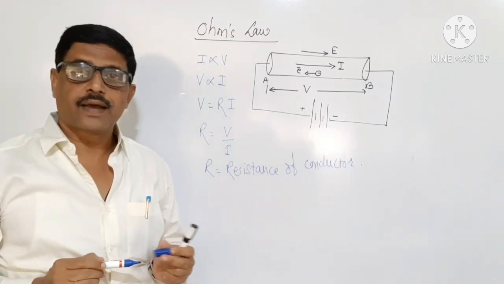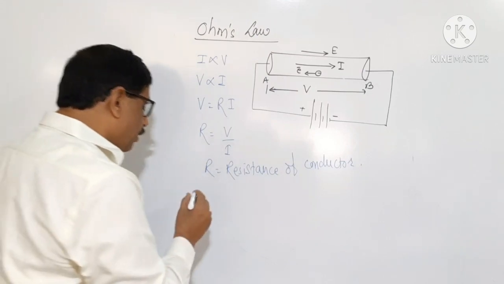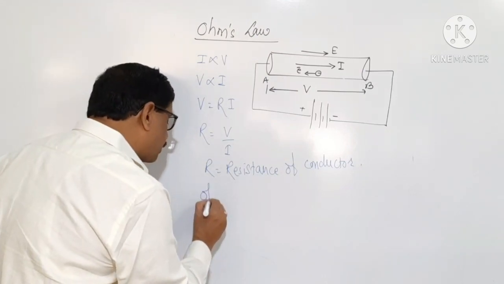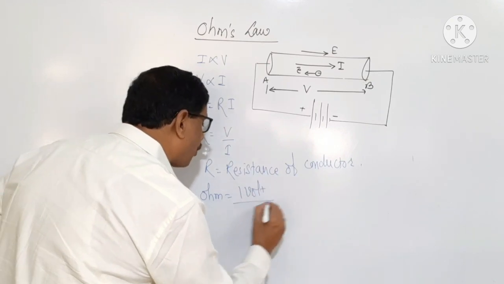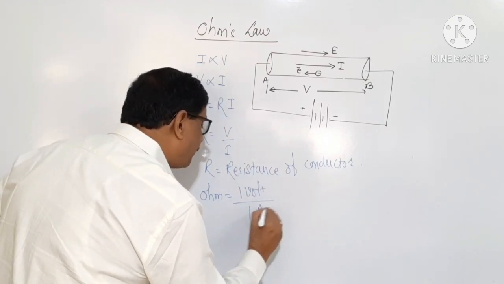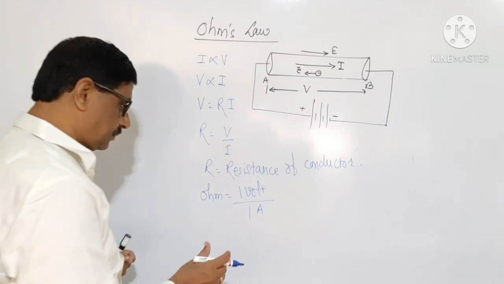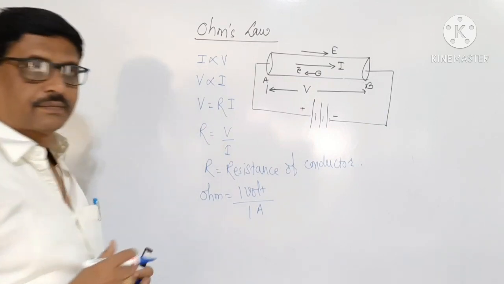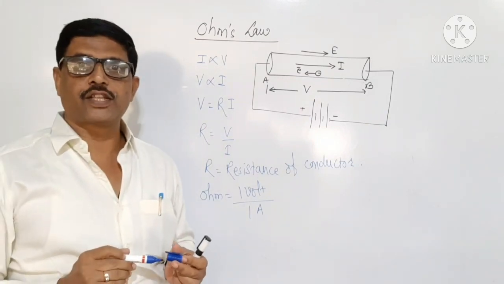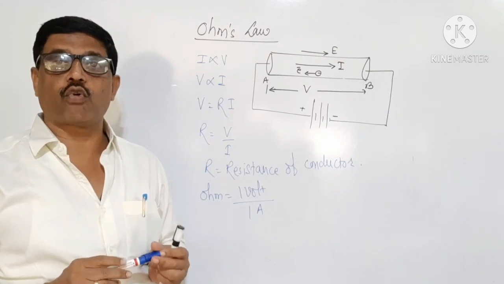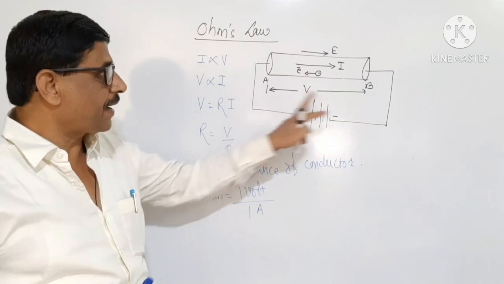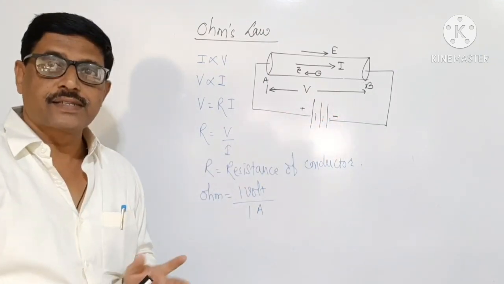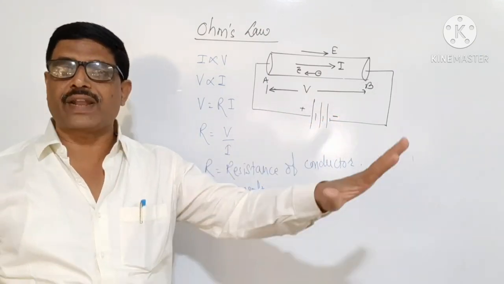This is the resistance of the conductor, and the unit of resistance is ohm, and 1 ohm is equal to 1 volt upon 1 ampere. The resistance of a given conductor is 1 ohm if 1 volt of potential difference applied across the ends of the conductor is able to produce a current of 1 ampere.